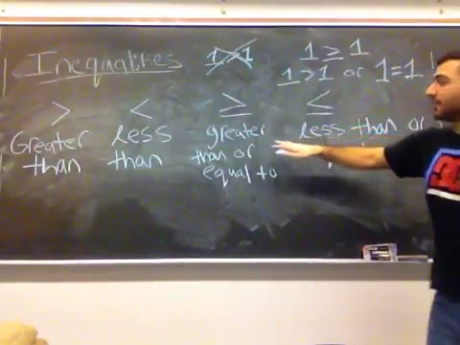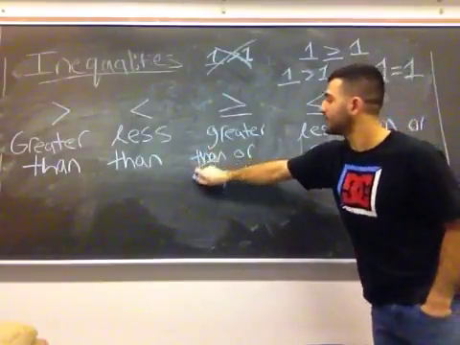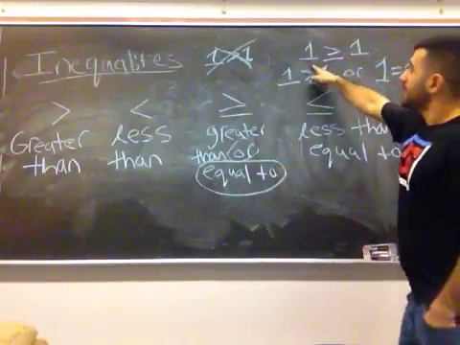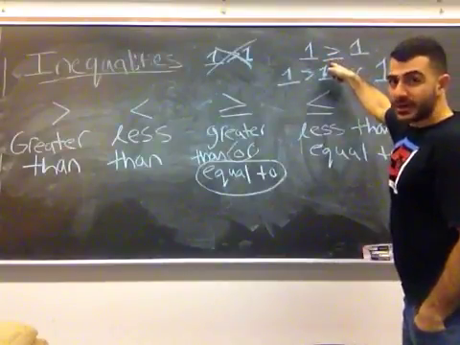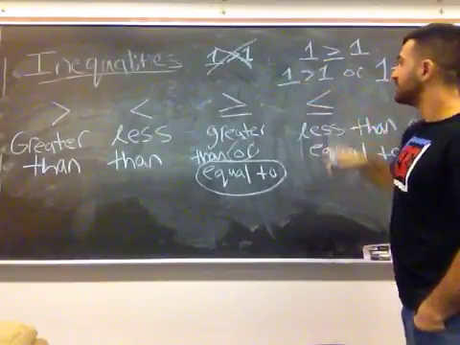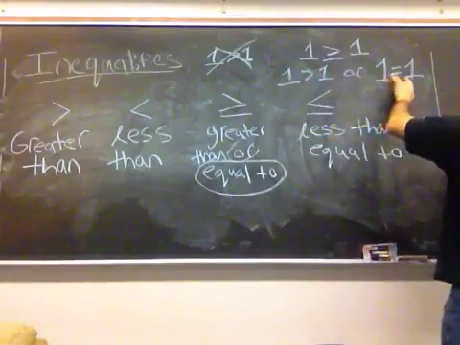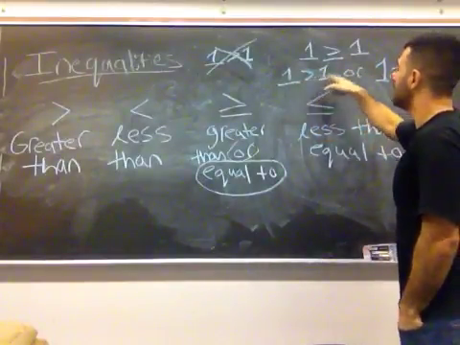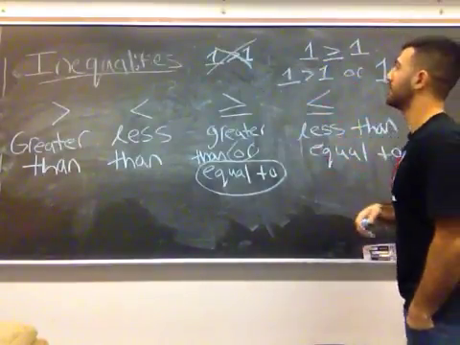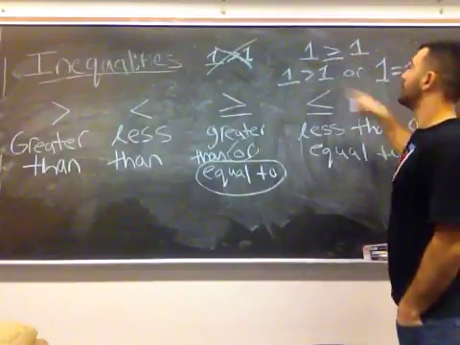But now let's see the importance of the greater than or equal to. 1 is greater than or equal to 1. Whenever you have this symbol, it basically means either this is true or this is true. If none of them are true, then this is false. Let's give an example where it's true and an example where it's false.